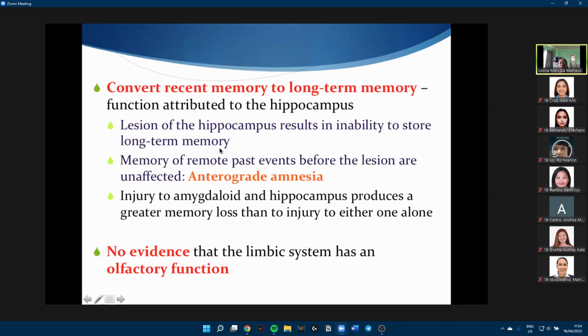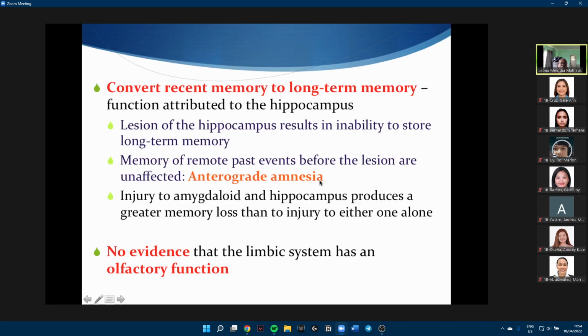And this condition is what we call anterograde amnesia. So in anterograde amnesia, memory of remote past events are unaffected, but you cannot form long-term memories. So ano pong example nito? Yung pong nakita natin sa 51st Dates. That's the example of your anterograde amnesia.